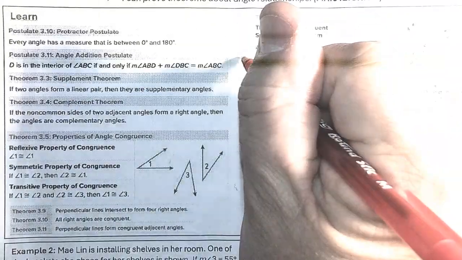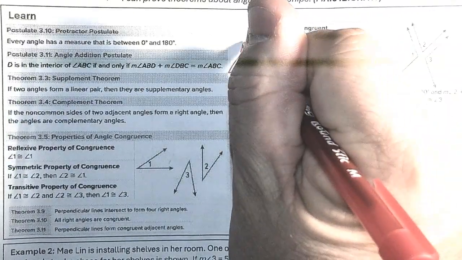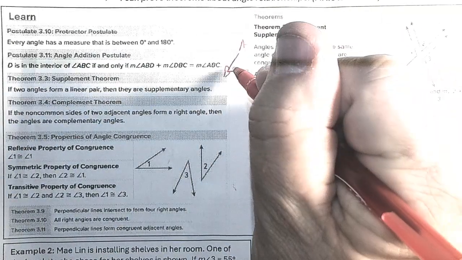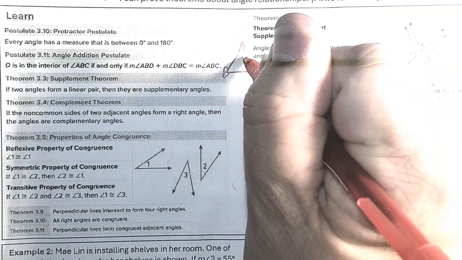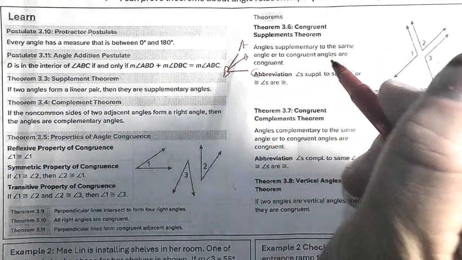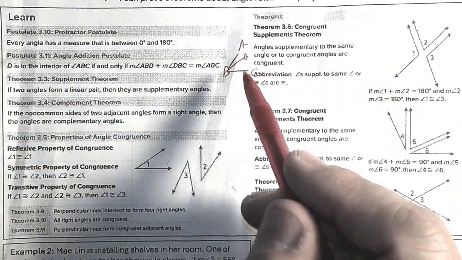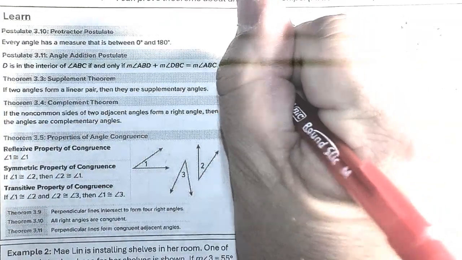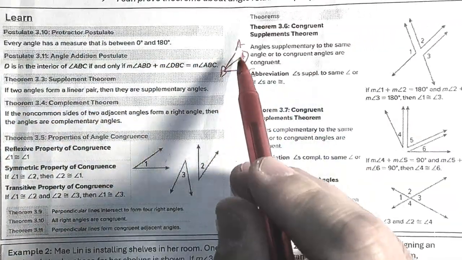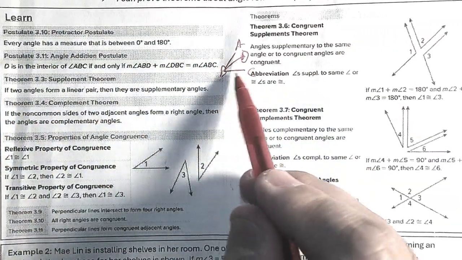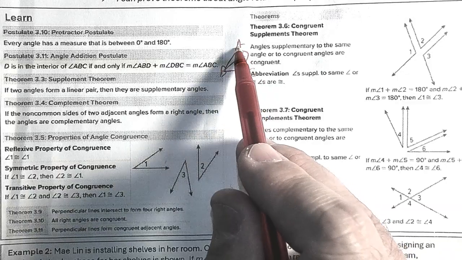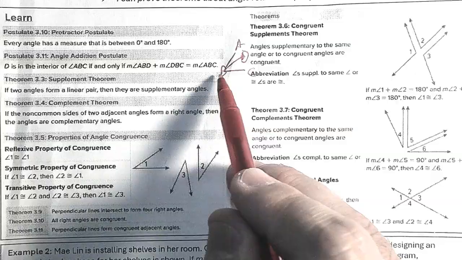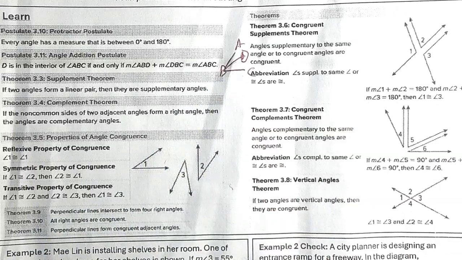So if you have angle ABC, D is on the interior if and only if ABD plus DBC equals ABC. So it's just saying that if D is in the middle, then the two sides of it make up this whole angle.